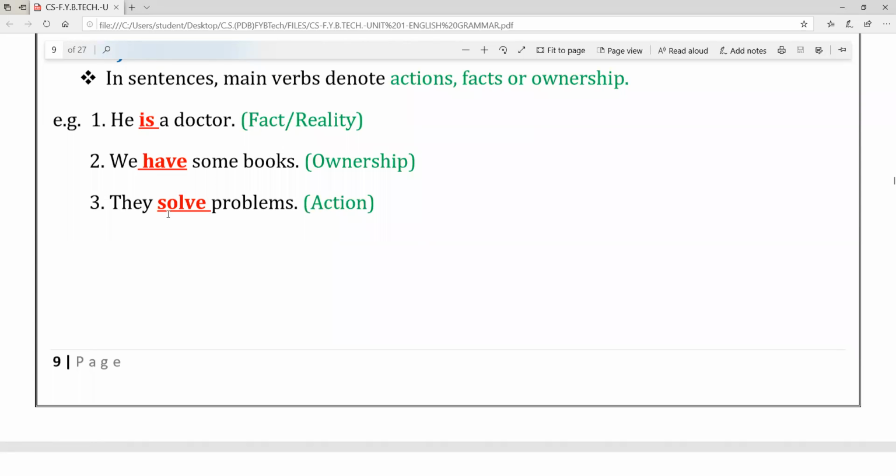Okay, so here solve is the action denoting word, so it is called the verb. Action denoting words or facts or realities or ownership denoting words are called verbs.